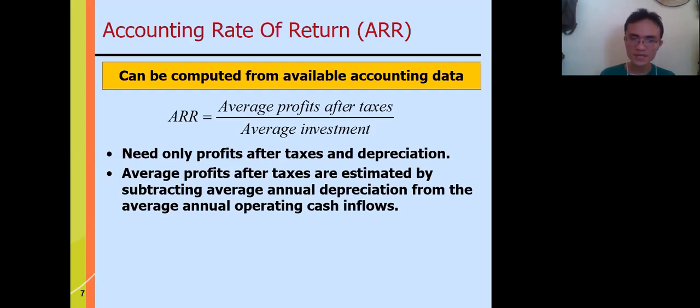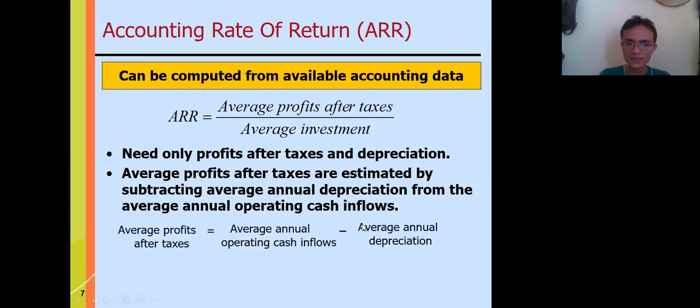Okay, so as I repeat, average profits plus depreciation equals cash inflows. Therefore, the average profits is equal to inflows minus depreciation. Okay? Then, here we go. There's the formula.